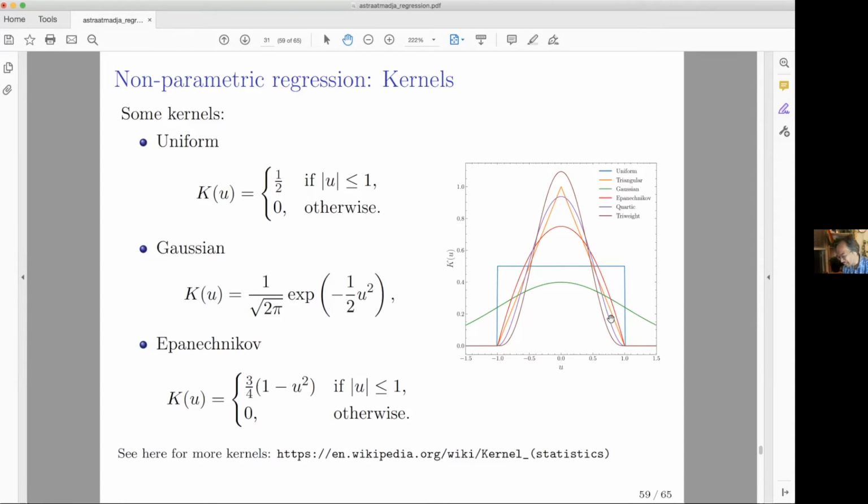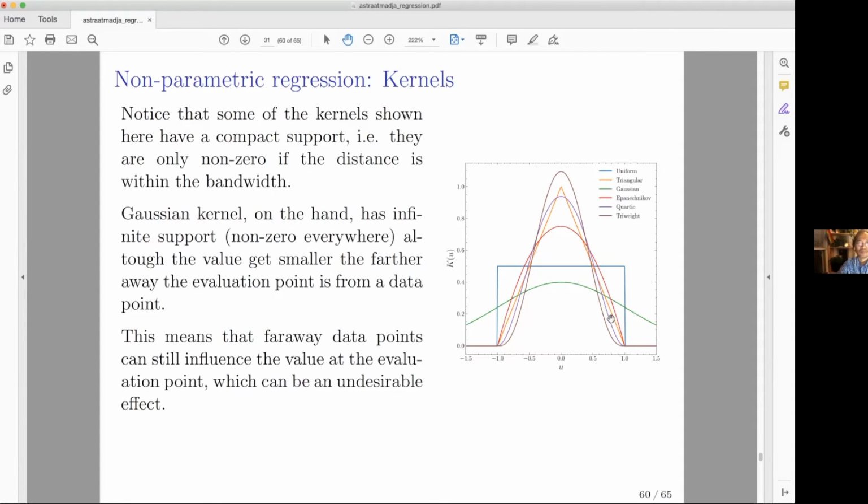There are different reasons to use each. If we use a Gaussian kernel, or kernels with infinite support, data that are far away can still influence the result at a point that is far away. Of course the influence is very small, but it's still there nevertheless.